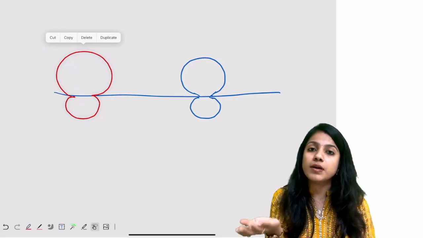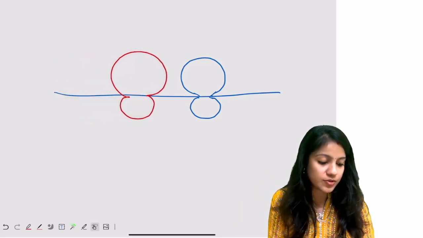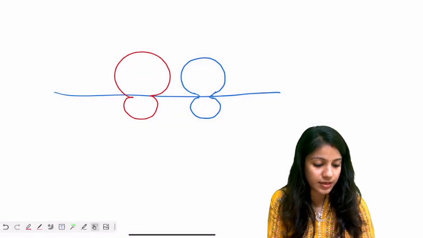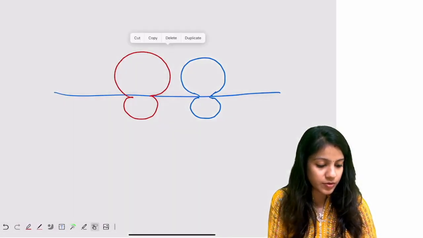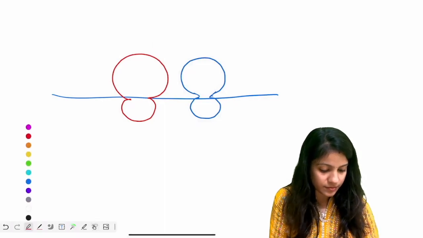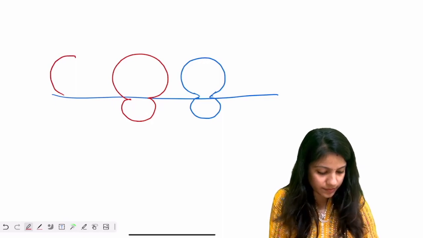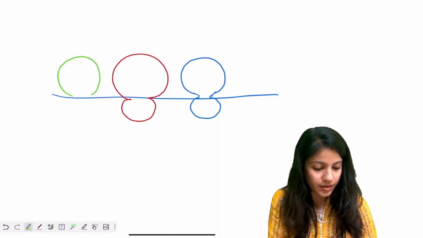Likewise, a third ribosome can also come. Now this ribosome has reached this position, right? And what will happen? The third ribosome will come and bind on this position. The third ribosome came and was present over here.